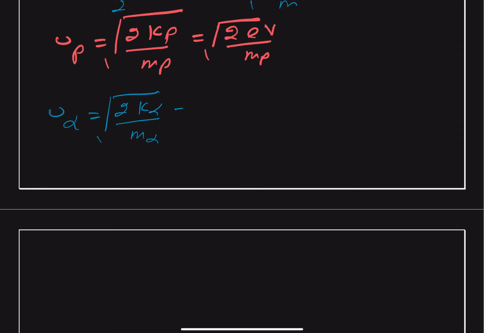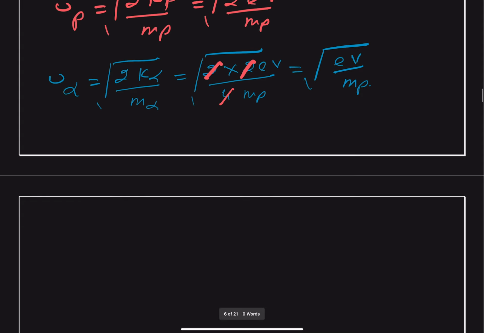This comes to 2eV divided by 4 times the mass of the proton. We can just sort it out a little bit, and this 2 goes with 4, and we are left with the square root of charge multiplied by potential difference over the mass of proton.